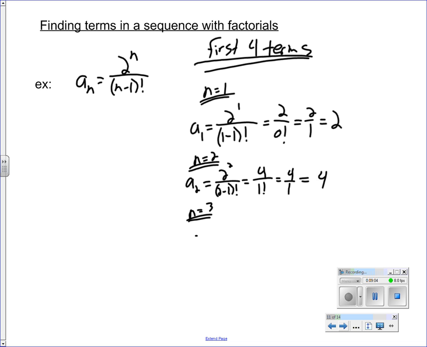On the third term, follow the same thing. 2 to the third over 3 minus 1 factorial be 8 over 2 factorial, just be 8 over 2, should be 4 again.